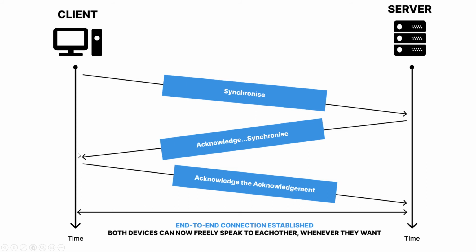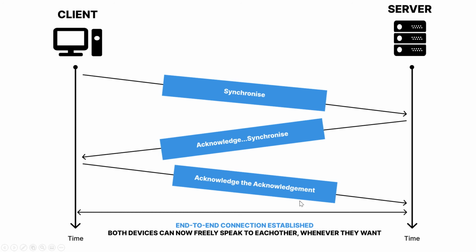The client receives that packet, and then sends a third and final packet to the server, which basically acknowledges the acknowledgement of the server acknowledging the synchronization in the first place. And so once this acknowledgement of the acknowledgement has been sent, the three-way connection is established.